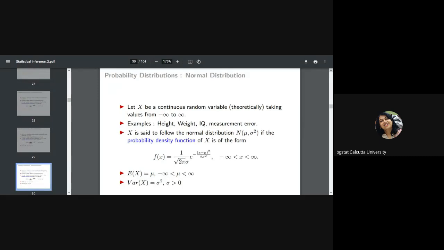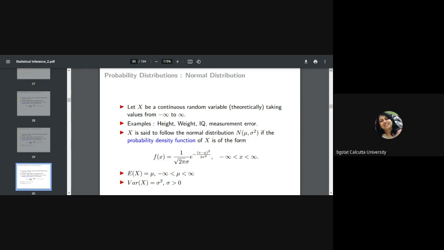The effective probability of it taking a value almost minus infinity is practically zero. That is why it is feasible to use the normal distribution to model most continuous random variables.